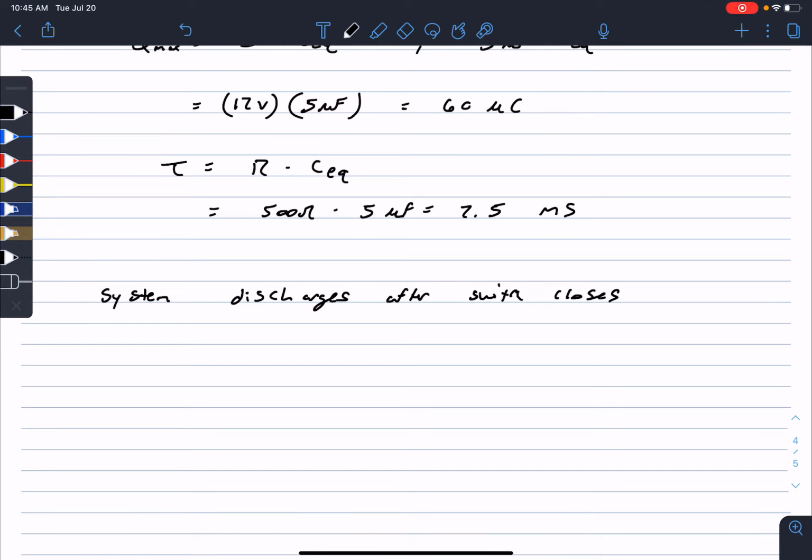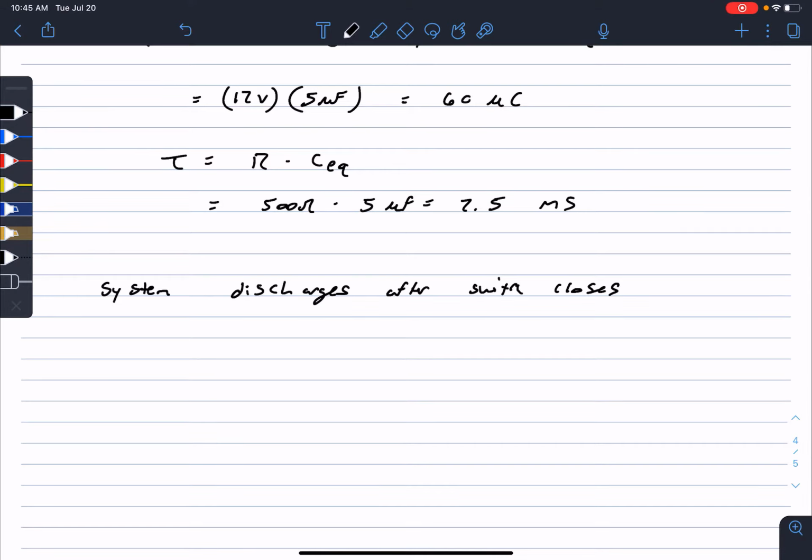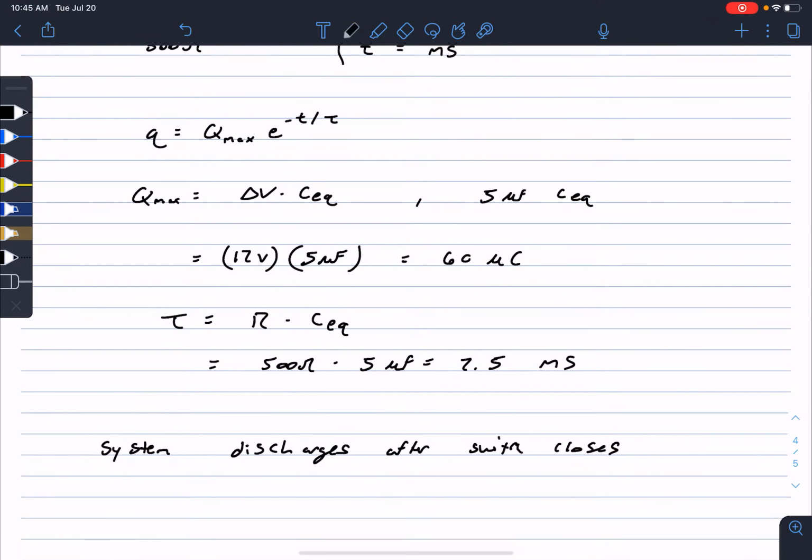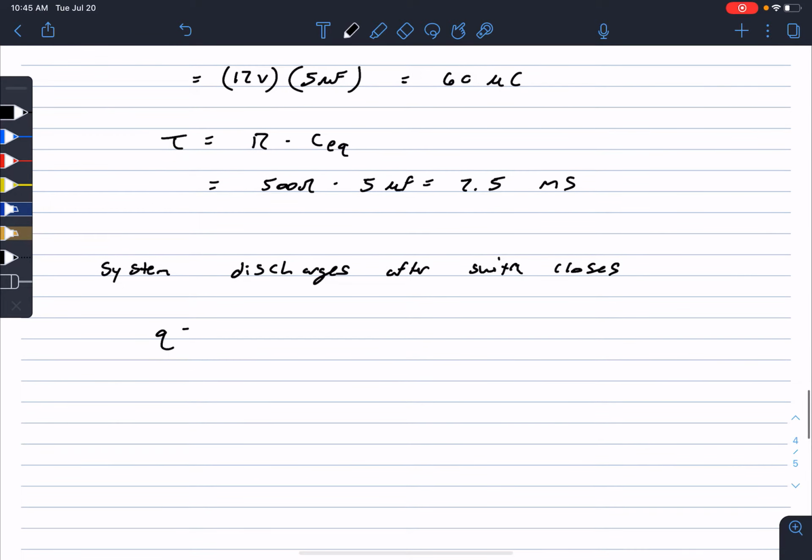Okay, so using our formula, we have everything we need. We were told that we want to know what it is when t is equal to 1 millisecond. So let's just plug everything in. Q is equal to Q max, which is 60 microcoulombs, times e to the negative 1 times 10 to the negative 3 seconds over 2.5 times 10 to the negative 3 seconds.